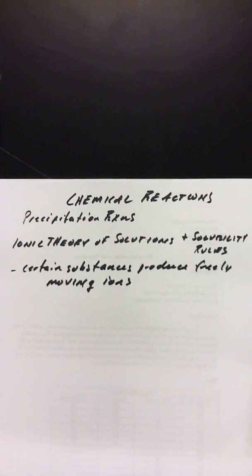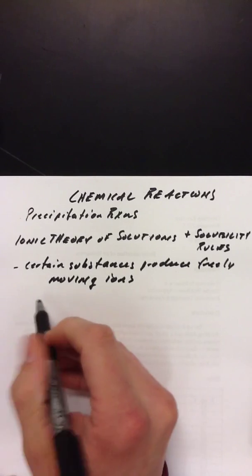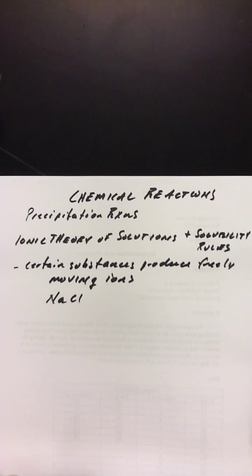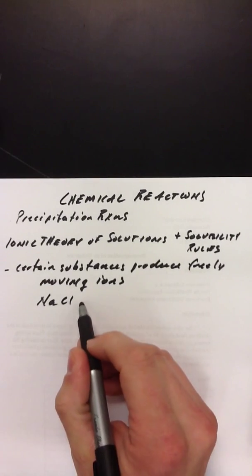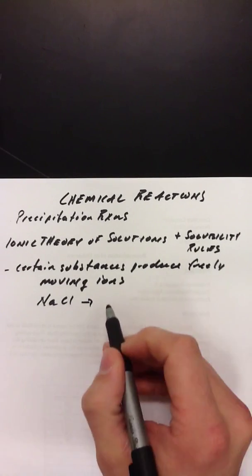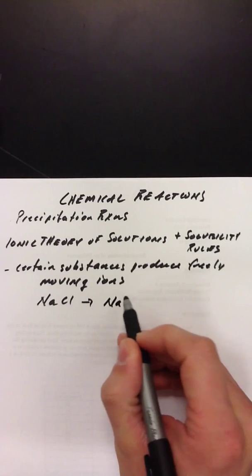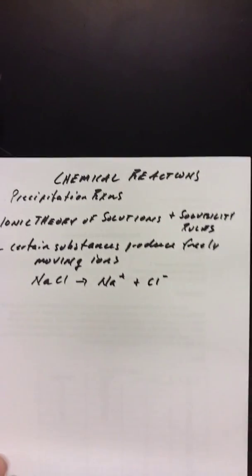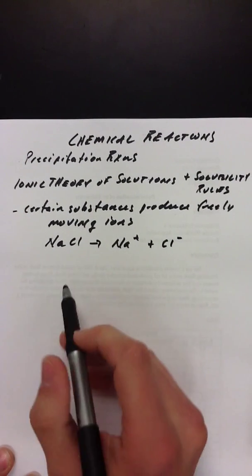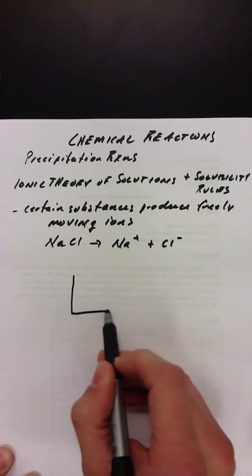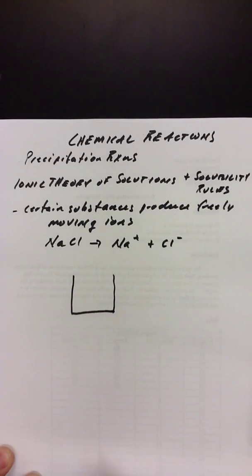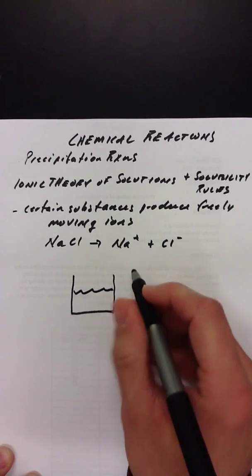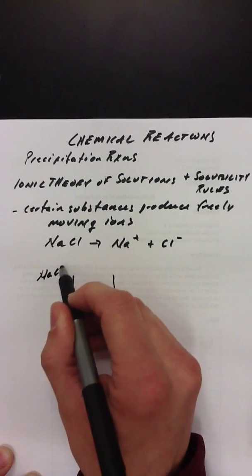So, for instance, we saw that sodium chloride, which is an ionic substance, is an ionic compound that is actually composed of sodium ions and chloride ions. Now what we did was we took a beaker or a small container which had some distilled water in it, and then we dropped in sodium chloride.